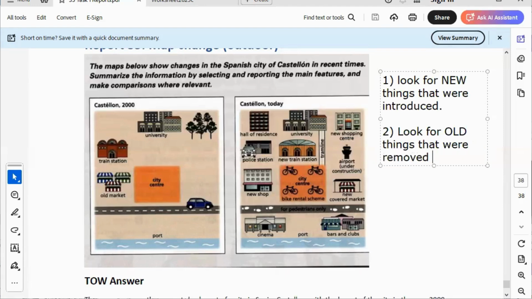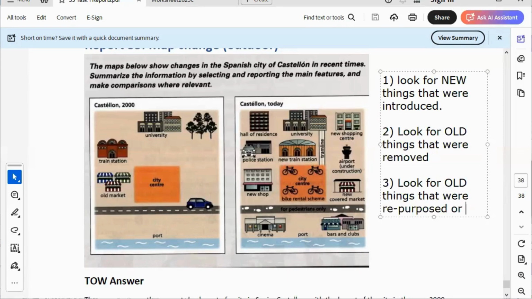Number 3, look for old things that were modified or repurposed. What is the meaning of repurposed? Repurposed means they were using it for something before, but now they are using it for something else. Okay? So these are the 3 things to look for.